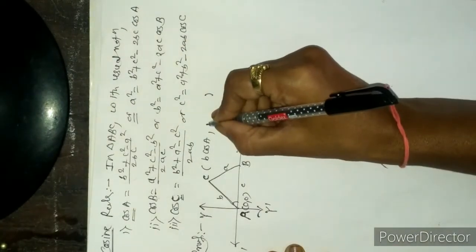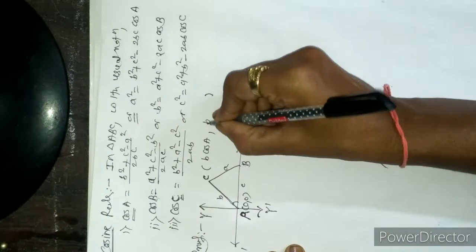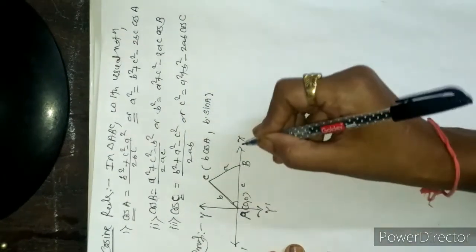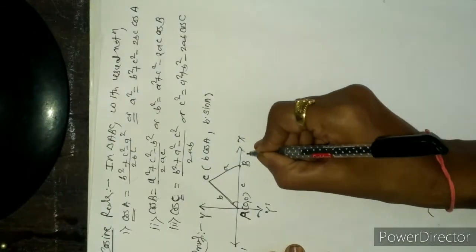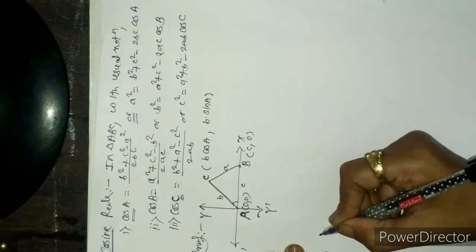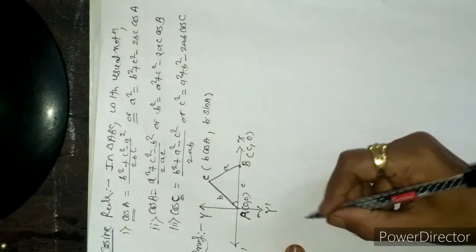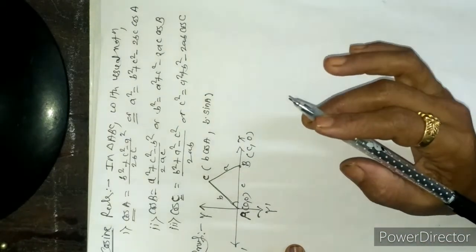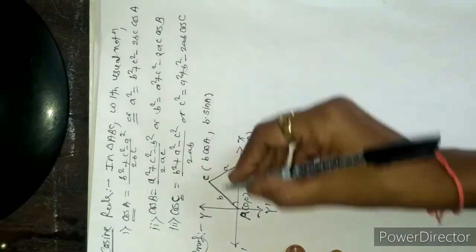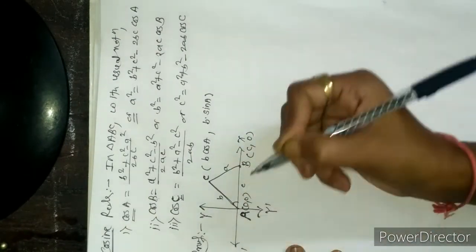Likewise its y coordinate is r sin theta, again the distance, and the sine ratio of the interior angle A. B lies along the x-axis, so its coordinates are (C, 0), where the y coordinate is 0.